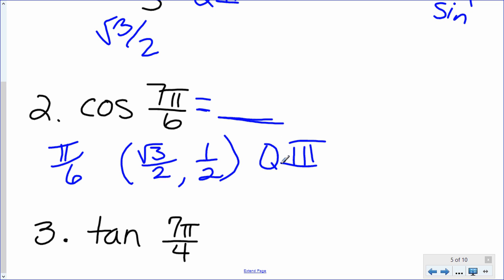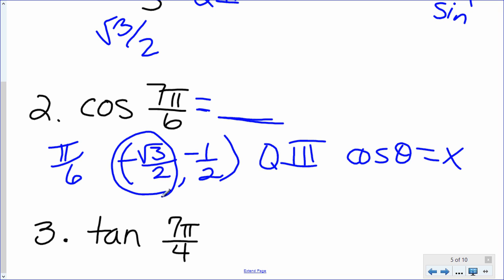So in quadrant 3, both x and y are negative. Then remember cosine of theta is equal to x. So we have our answer right here. Cosine of 7 pi over 6 is equal to negative square root of 3 over 2.